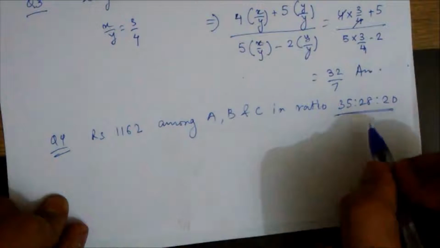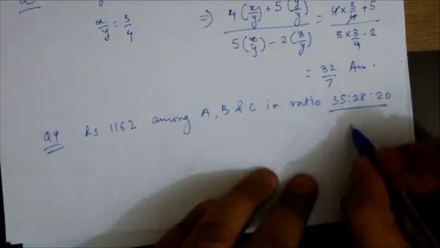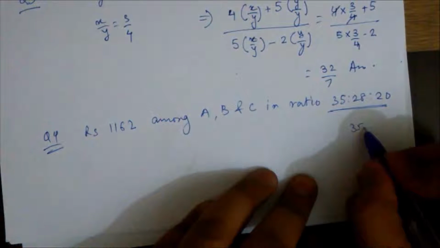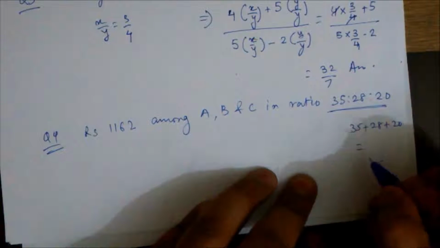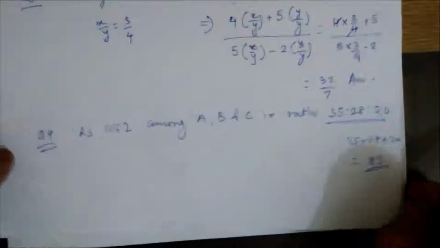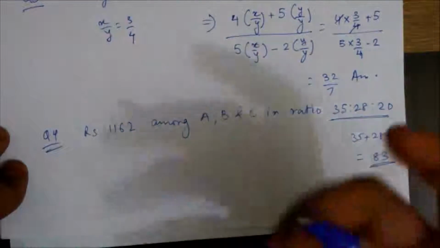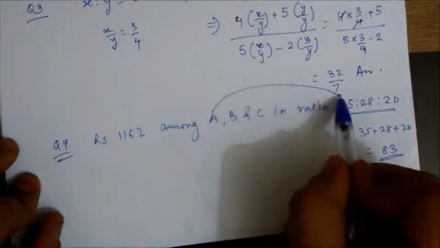See, this can be simply solved by taking the sum of all the 3. If we get the addition for all the 3, it will be equal to basically 83. So it's just like calculating the portion or the part of A. See, A has got 35.